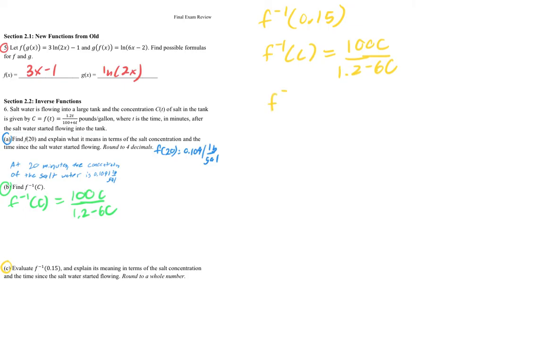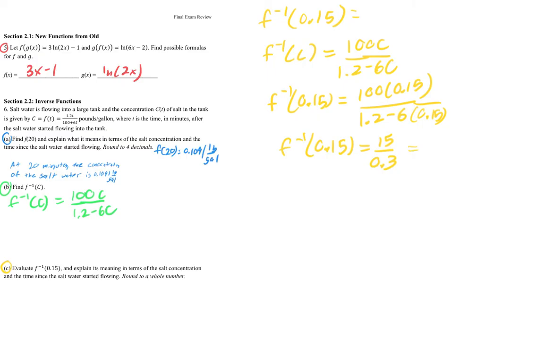So we have f inverse of 0.15 is equal to 100 times 0.15 over 1.2 minus 6 times 0.15. And if we just plug this in, we're left with f inverse of 0.15 is equal to 15 over 0.3, which leaves us with 50 minutes.